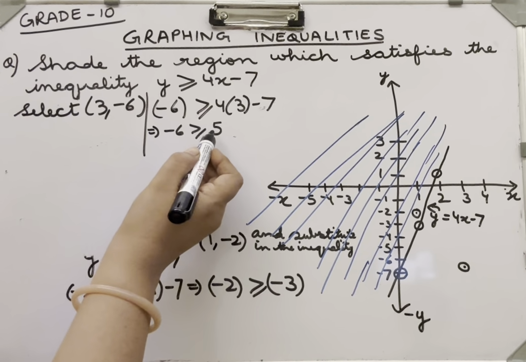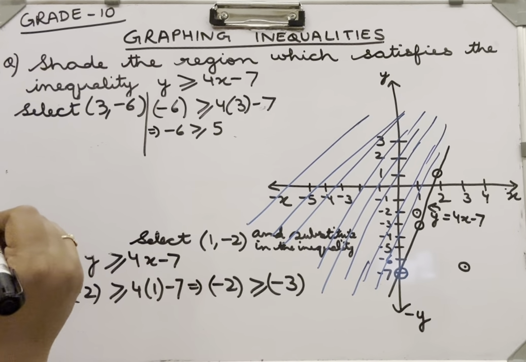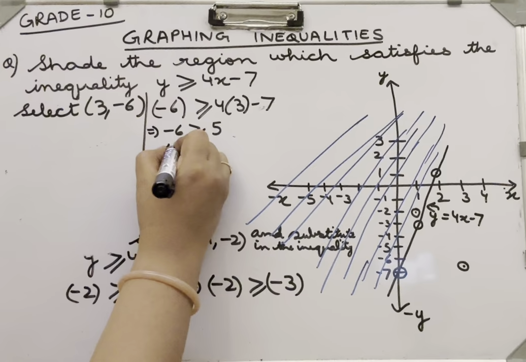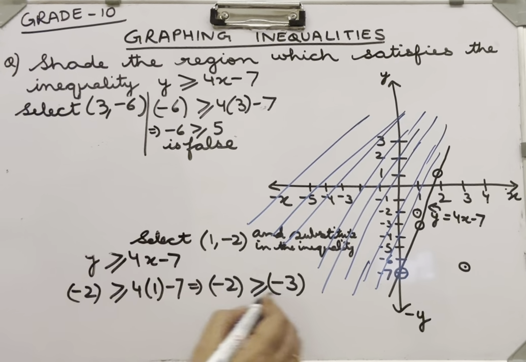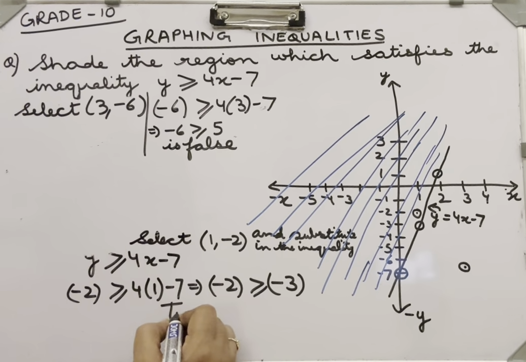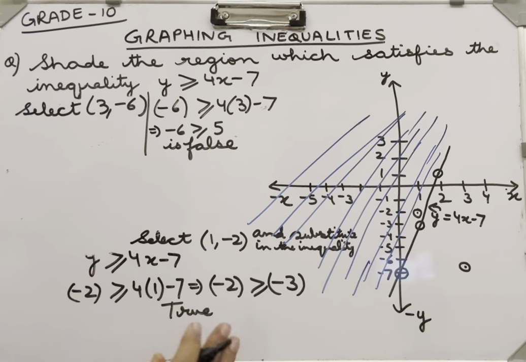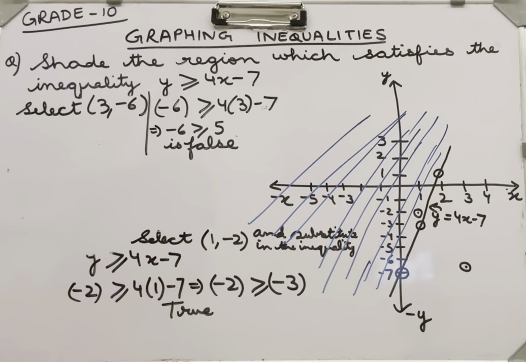So minus 6 greater than or equal to 5 is false, while the earlier one was true. Hence, the answer does not lie on the right hand side of the given line.